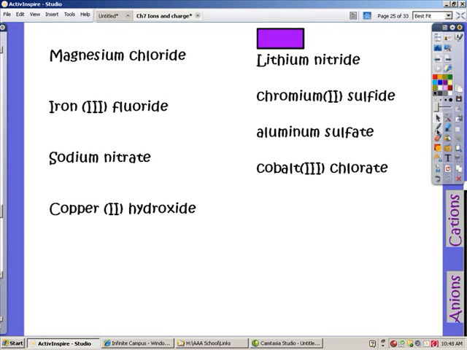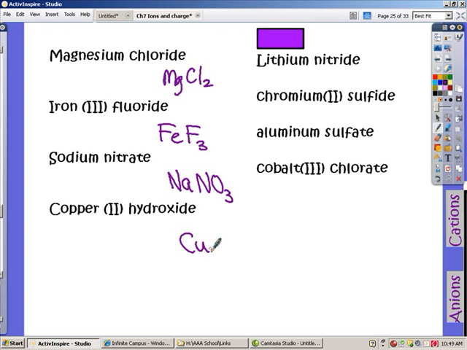Okay, time for some answers. Are you ready? The copper hydroxide many times is a tricky one because we need 2 of those hydroxide groups with their -1s to cancel out the +2 of the copper.